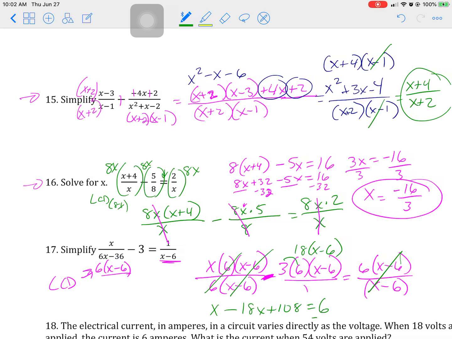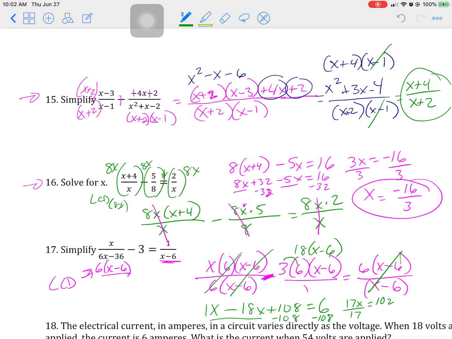Do we need to move the 6 over? No, we need to move the 108 over because we're going to handle this right here. So minus 108. Sorry, I'm running out of room. This is going to 1x minus 18x is 17x equals 6 minus 108 is 102.